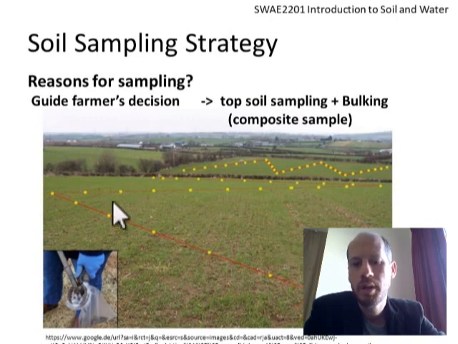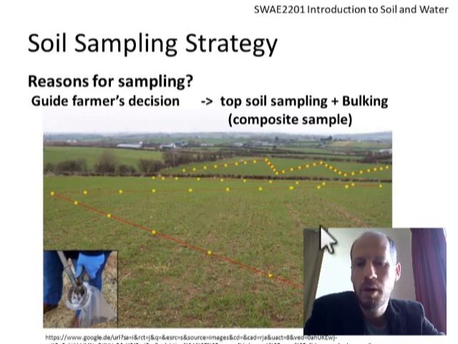In this case, you want to sample the first 20 centimeters or 15 centimeters, depending on the country, and make a composite sample, which means you sample several samples, combine them together and take a subsample of this big sample. That composite sample, which represents several individual samples, will also represent the whole field.